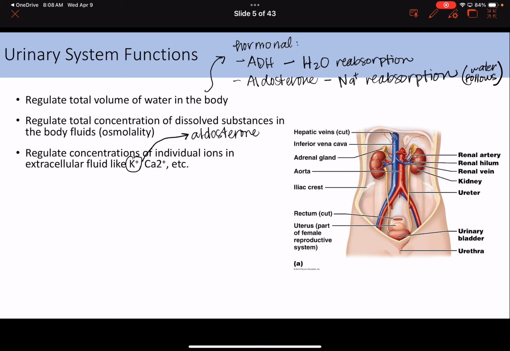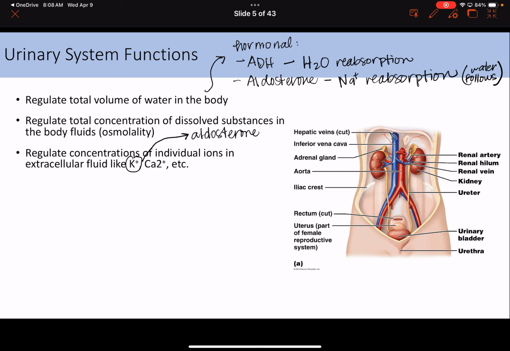So aldosterone is for sodium reabsorption, so putting more sodium in the blood. How aldosterone works is it actually uses a sodium-potassium pump. So every time it's pumping sodium into the blood, it's pumping potassium in the opposite direction towards the urine. So while we're regulating sodium levels, we're also regulating potassium levels at the same time.